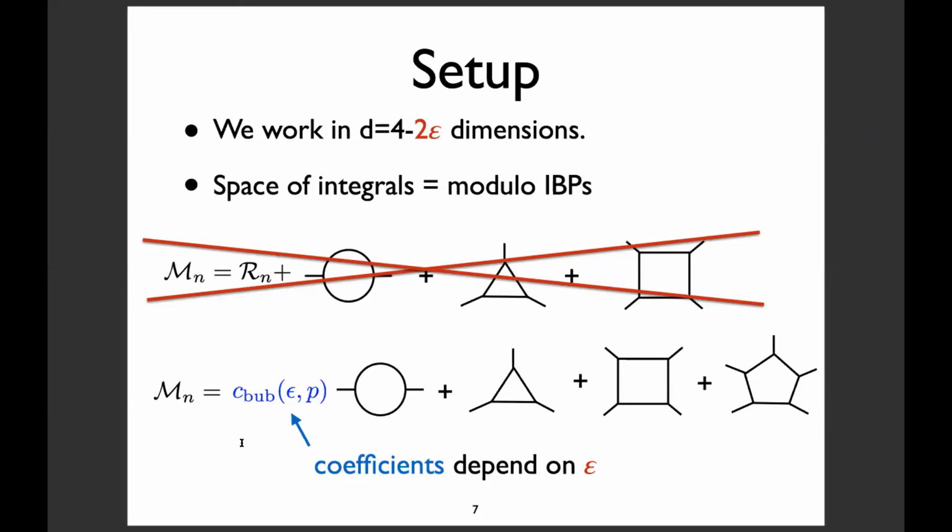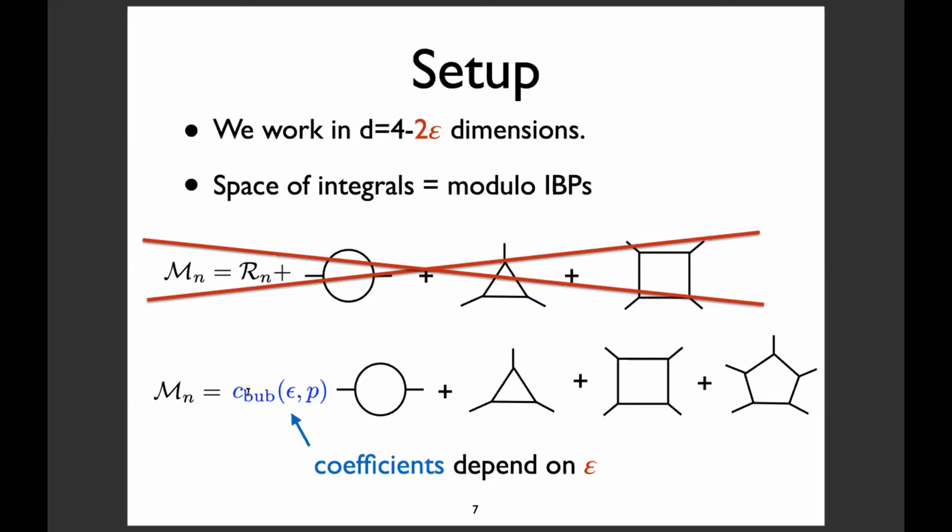And when I refer to an integral in this talk, I'll be looking at integrals modulo integration by parts identities. So I will mod out by all integral identities, which means at one loop that the formula I wrote is not actually the one I will generalize. If you mod by IBPs, there's really no such thing as rational terms.